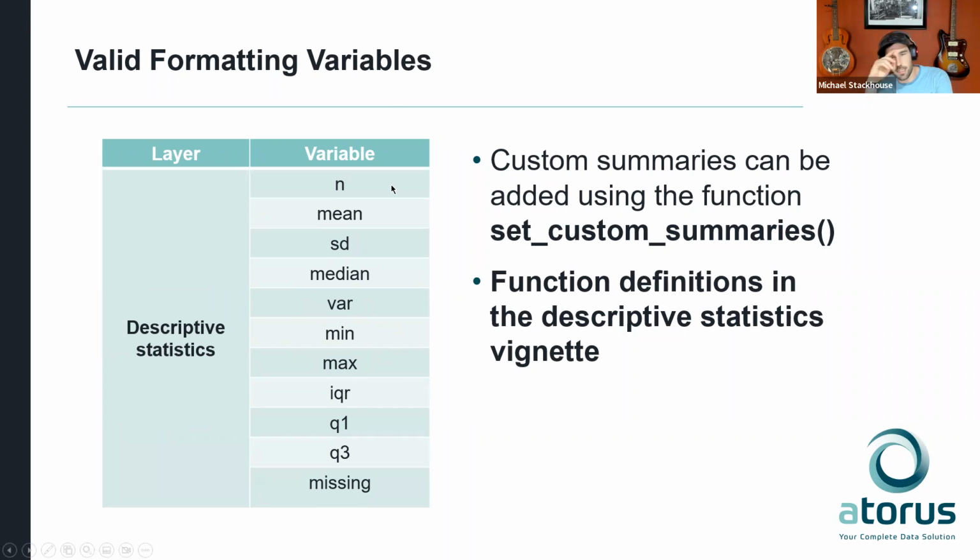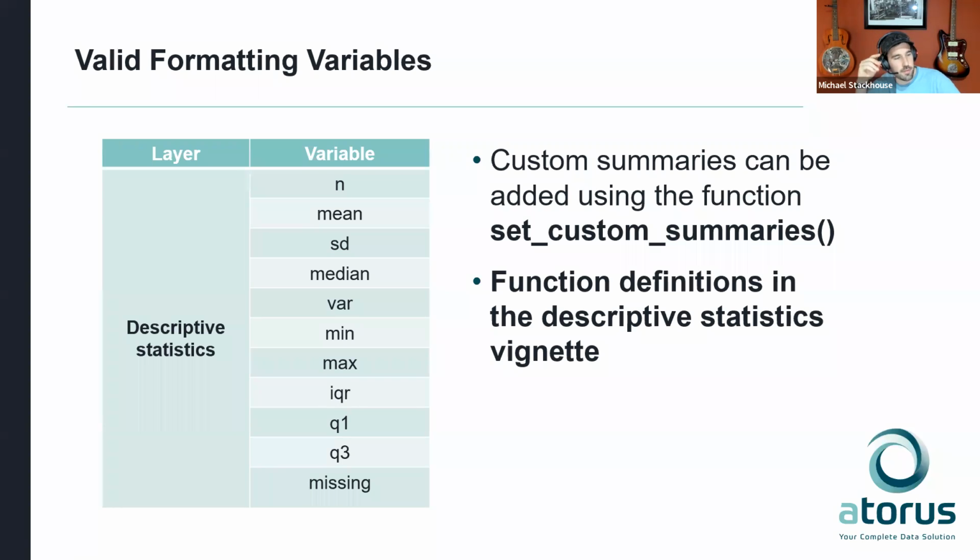In the descriptive statistics, the built-in summaries that we have available are n, mean, standard deviation, median, var, which there's an open issue in the documentation where the name is var, but it's misprinted as variance. And then min, max, interquartile range, Q1, Q3, and missing.